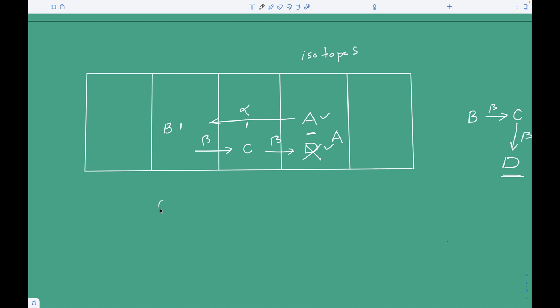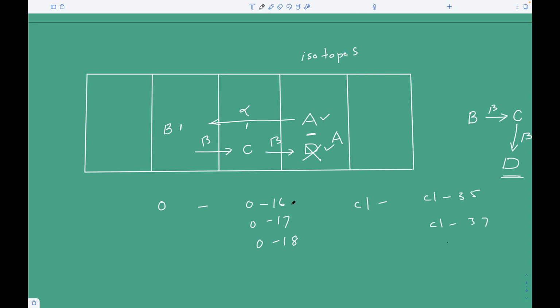If you take oxygen, it is a mixture of three naturally occurring isotopes called O16, O17 and O18. Similarly, chlorine is a mixture of two naturally occurring isotopes, chlorine 35 and chlorine 37.